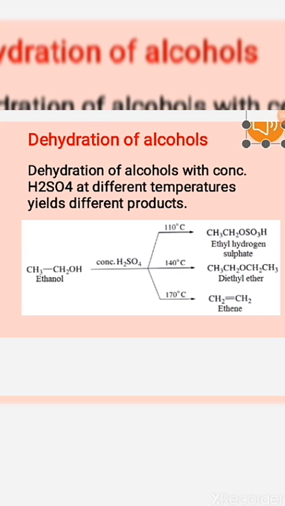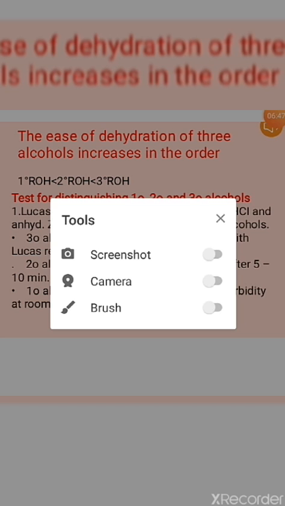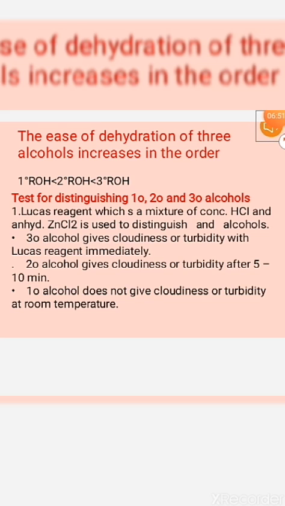Here dehydration of alcohols is again mentioned. Different products are formed in presence of different temperatures and sulfuric acid. Tertiary alcohols are more easily dehydrated than secondary, than primary.